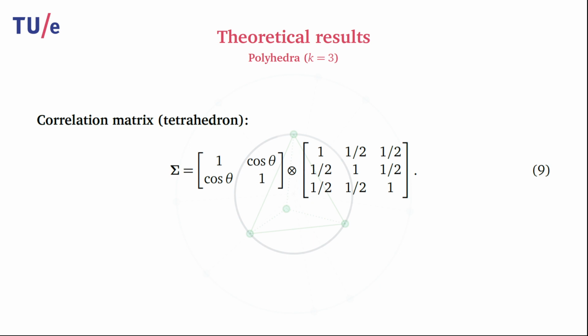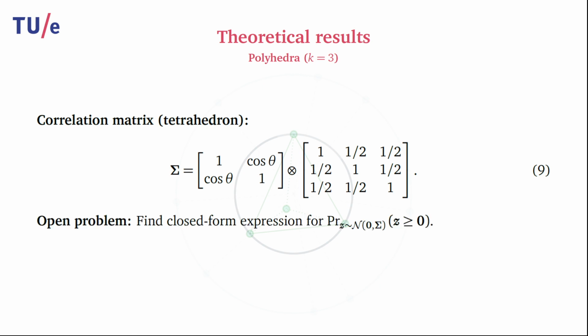For instance, for the tetrahedron, we get this explicit form for the correlation matrix, for which we are now interested in the positive orthogonal probability. It looks kind of nice, this matrix. The right matrix is just 1 and 1/2, and the left one is as before. But even for this kind of nice-ish matrix, it already seems very difficult to get closed form expressions for the orthogonal probability, the multivariate Gaussian orthogonal probability.